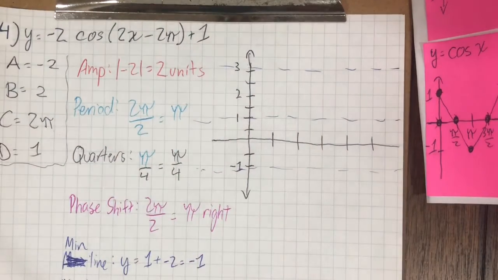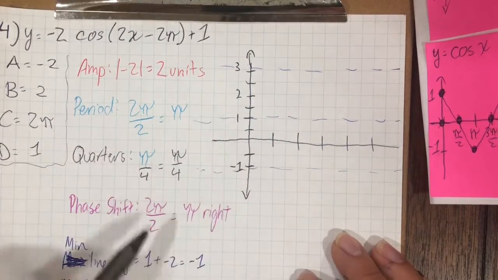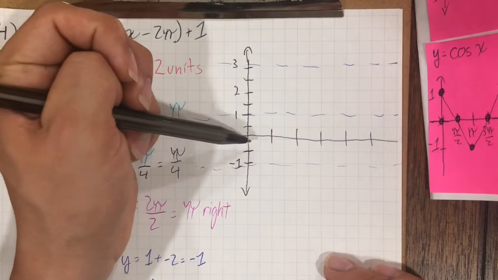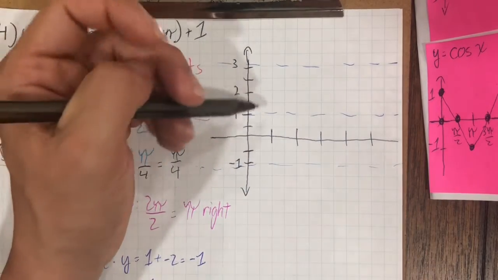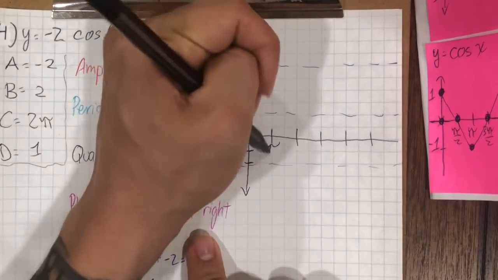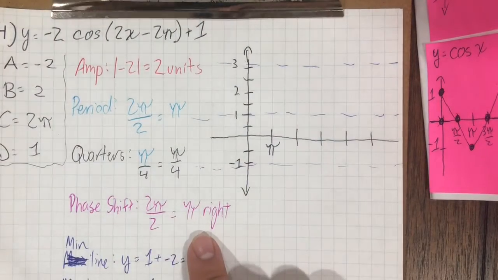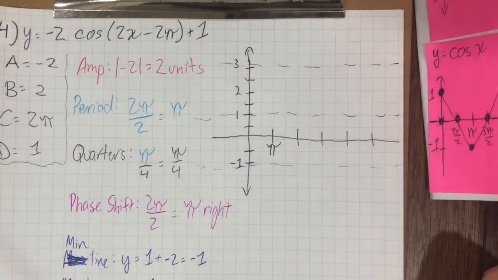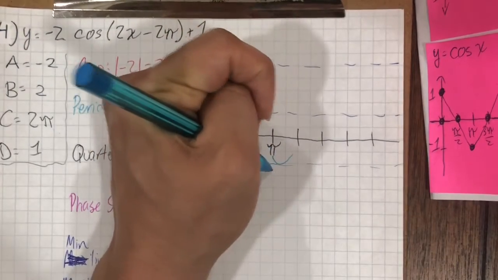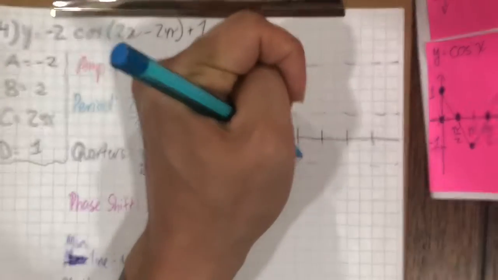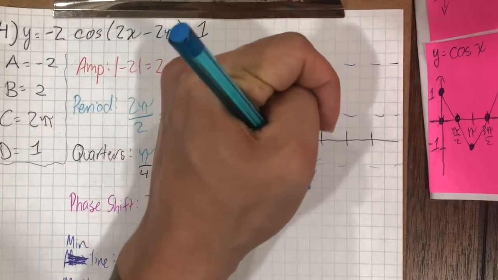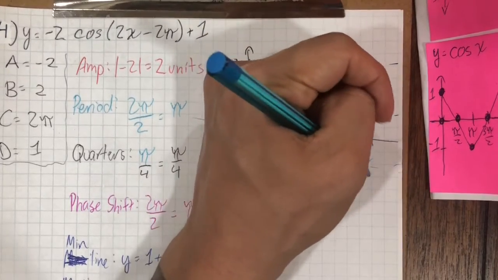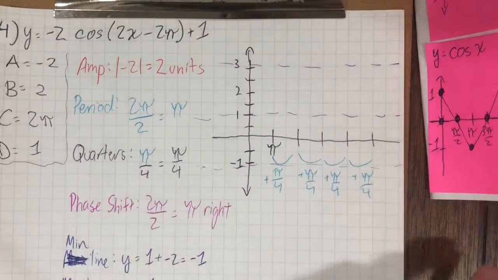So that means everything is going to move in the right direction by pi. Originally we would start off at 0. However, I'm going to start off at pi, since that's the phase shift that's happening. However, to get from one x value to the next, I'm going to add pi over 4 each time to see what my x values are going to be on the graph.